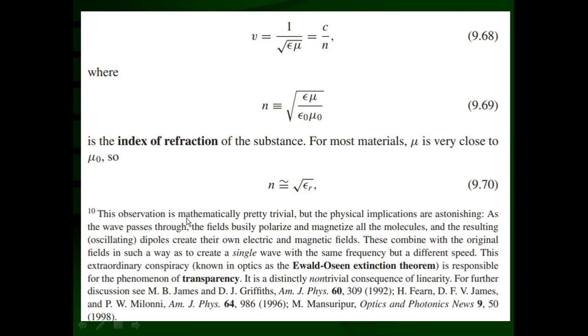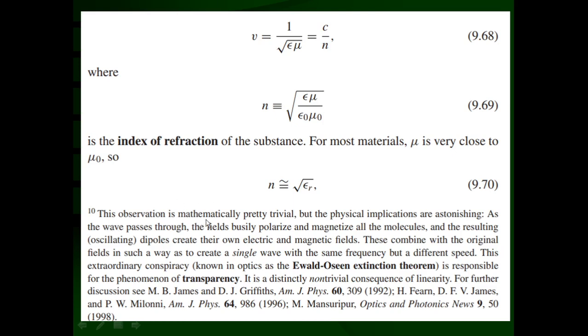These induced electric and magnetic fields are vector-summed with the original electric and magnetic fields, and the resultant electromagnetic wave propagates with the same frequency but with a different speed, a lesser speed, in the medium. This is the conclusion of this equation mathematically.